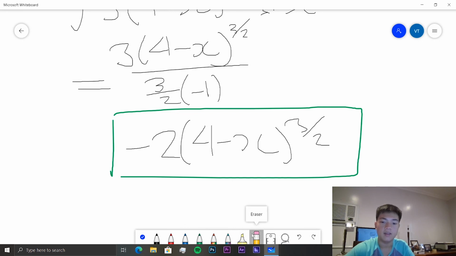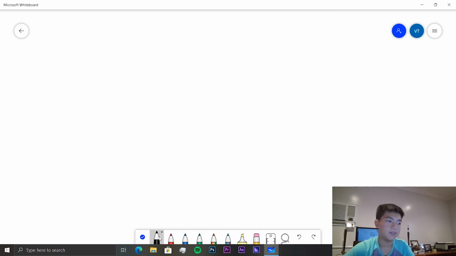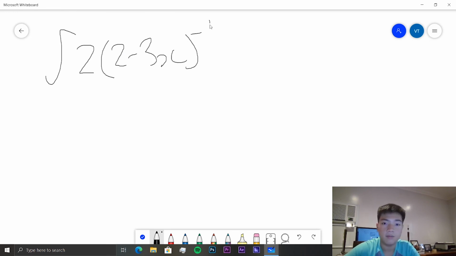Plus c. Sorry, never forget that. Finally, we need to integrate 2 times 2 minus 3x to the negative 1/3 plus 1 plus 2x to the 1/3.